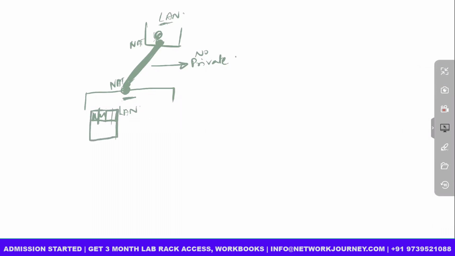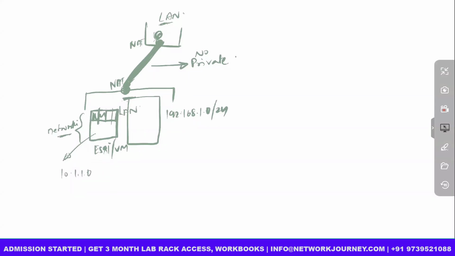See, for the ESXi or the VM, they maintain their own networking segment. Throughout your LAN you might be using 192.168.1.0/24, but on the ESXi or the virtualization there could be another range that it's maintaining. So this and this may not be in the same network.